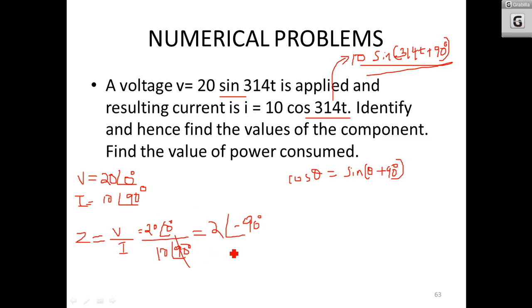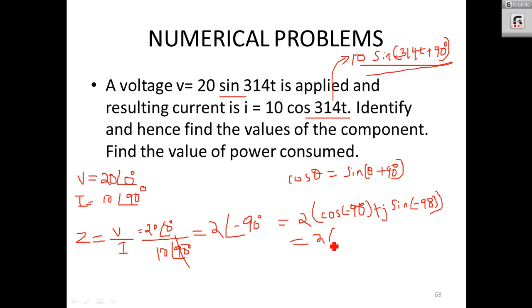Now, how to convert it into rectangular form? It is 2 into cos minus 90 degrees plus j sin minus 90 degrees.